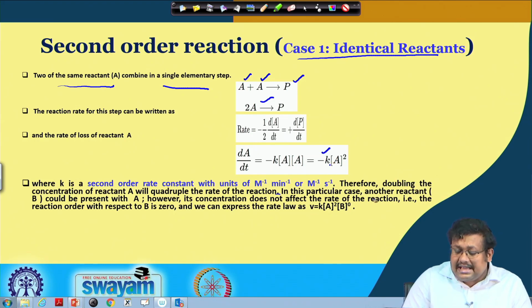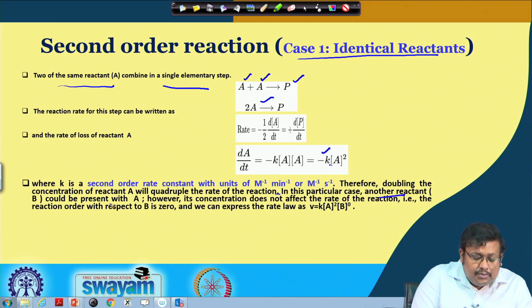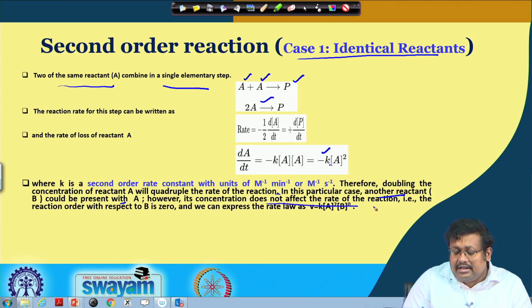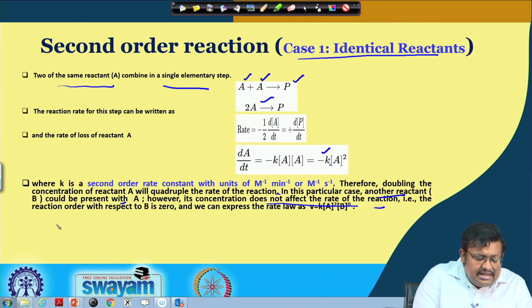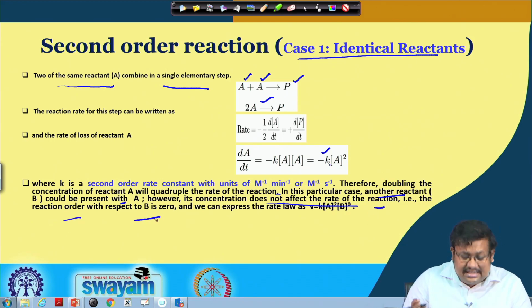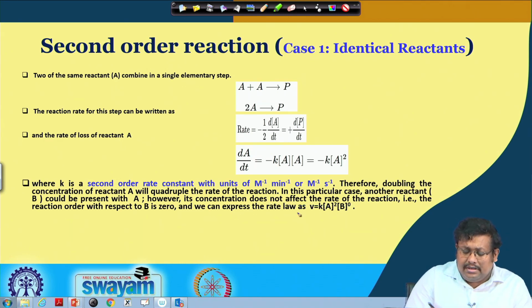In this particular case, another reactant, B, could be present with A, which we will see in the next slide. However, its concentration does not affect the rate of the reaction, that is, the reaction order with respect to B is 0, and we can express the rate law as V equal to K multiplied by A squared into B to the power 0, where the partial order for A is 2 and the partial order for B is 0.